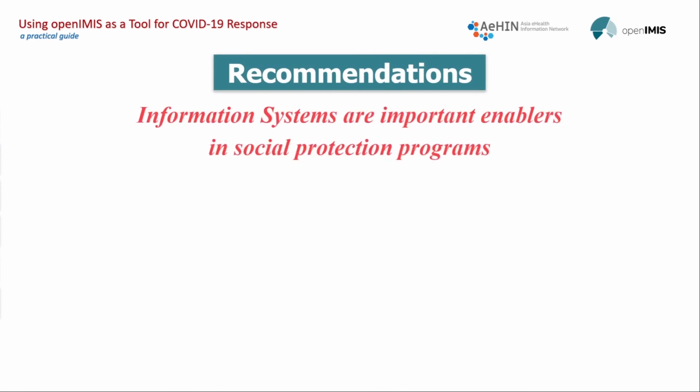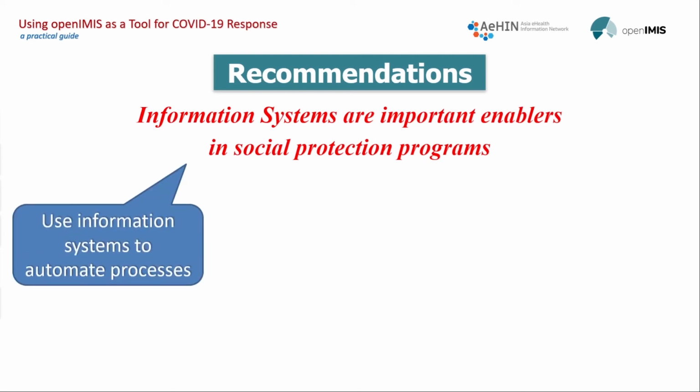Throughout the entire module, we have discussed how utilization of digital information systems such as openIMIS have been identified as an important enabler of the delivery chain, specifically for cash transfer schemes. At present, some cash transfer schemes rely on information system only as repositories of data rather than to automate processes.